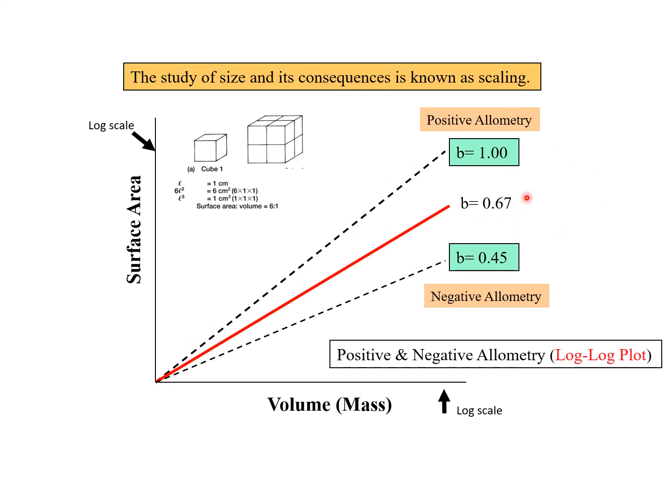You'd say that's isometric scaling. They're scaling just like frogs scale. But if the slope is higher, that's positive allometry. So basically, think about this. For a given body mass, you have more surface area than you would expect.